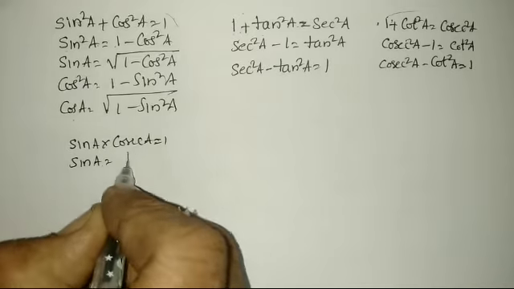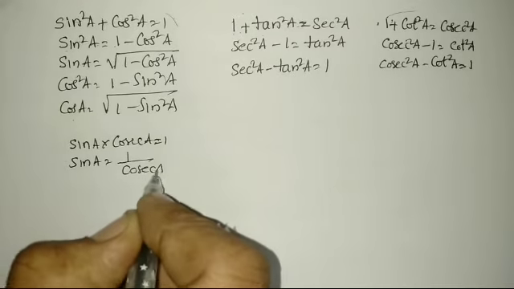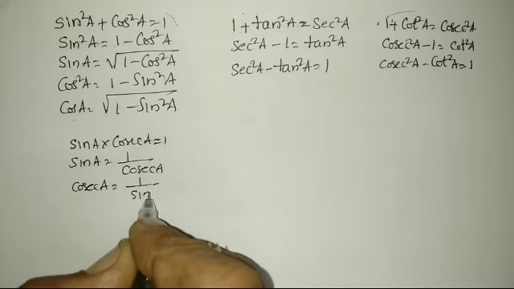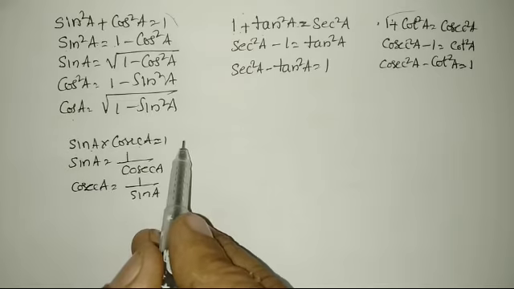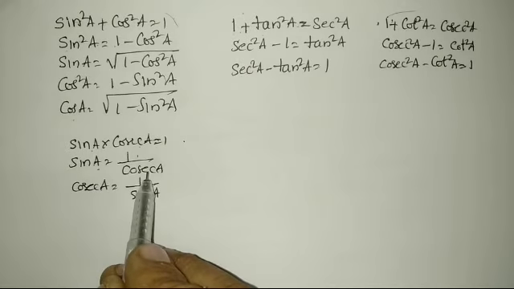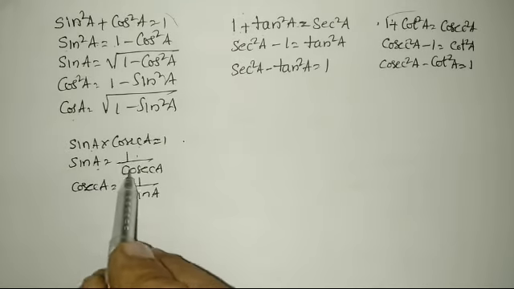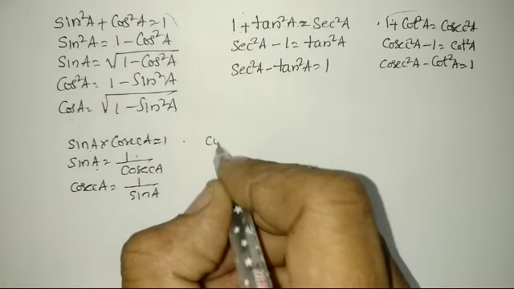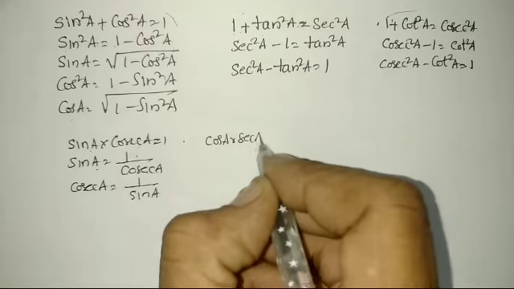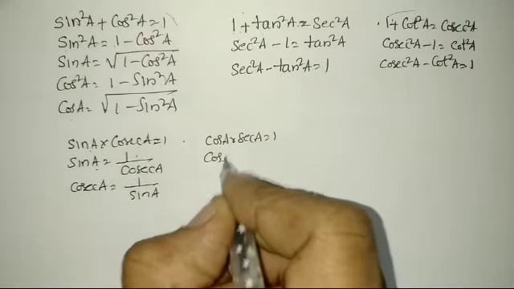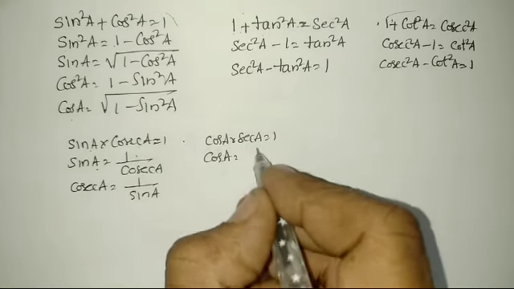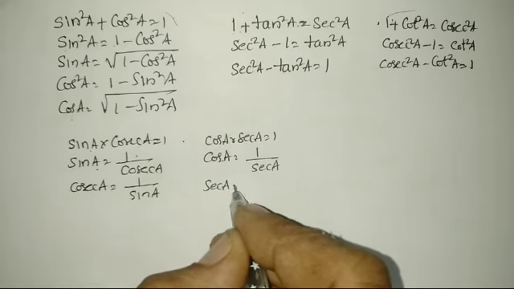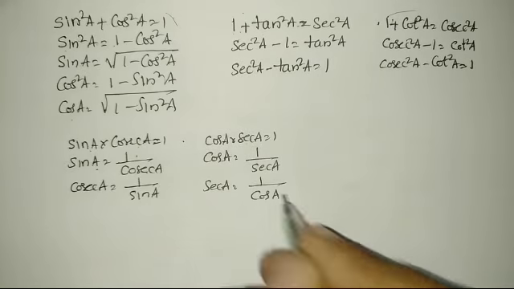From this we get sin A equal to 1 by cosecant A, and cosecant A equal to 1 by sin A. If you transpose cosecant A, you get 1 by cosecant A. And cos A into secant A equal to 1. Transposing secant A, we get cos A equal to 1 by secant A, and secant A equal to 1 by cos A.